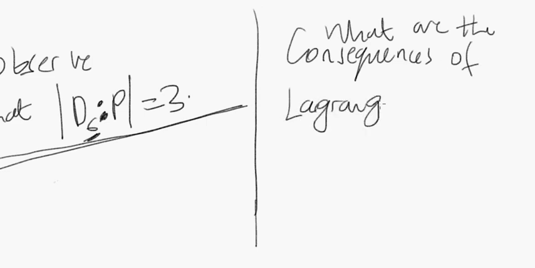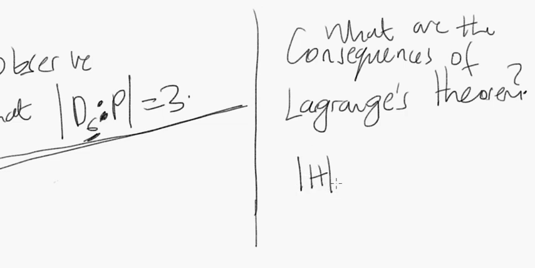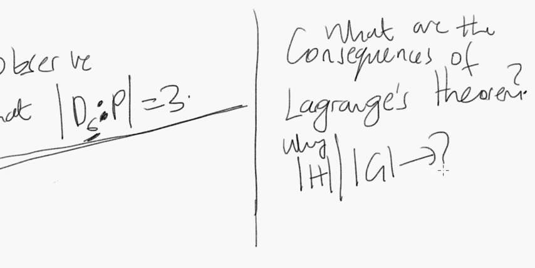What are the consequences of Lagrange's theorem? Please think about those. See if you could figure out why saying that the order of every subgroup must divide the order of the group is so useful. Why is it so useful?